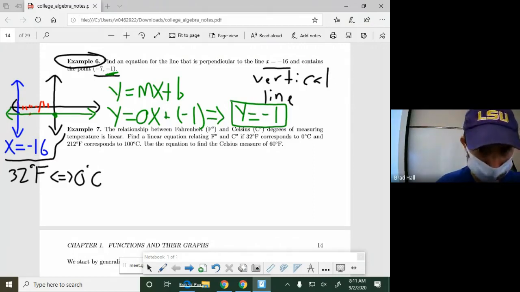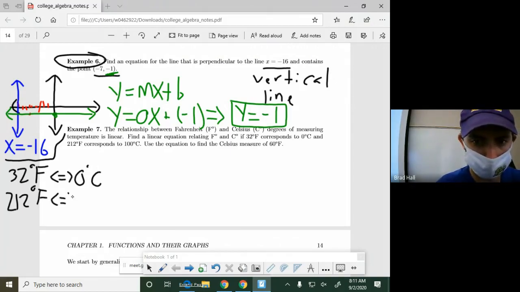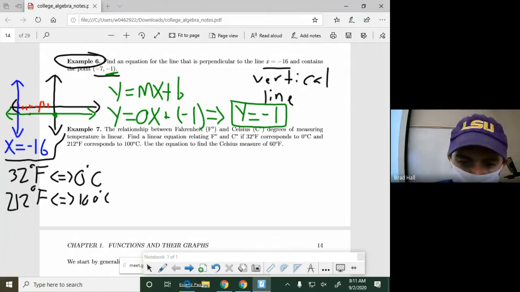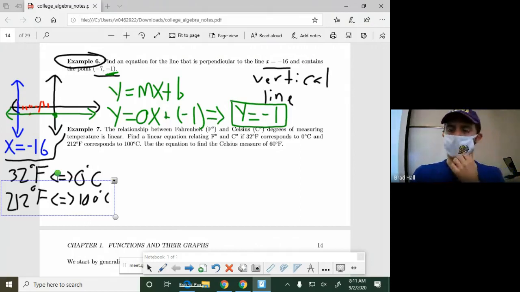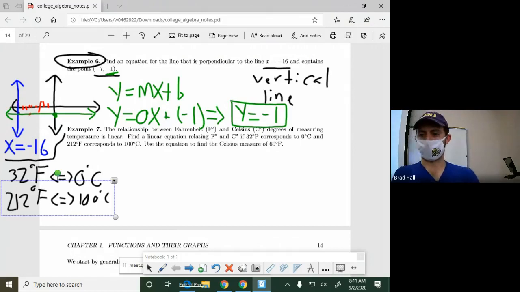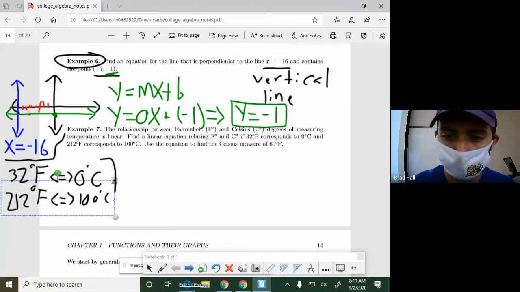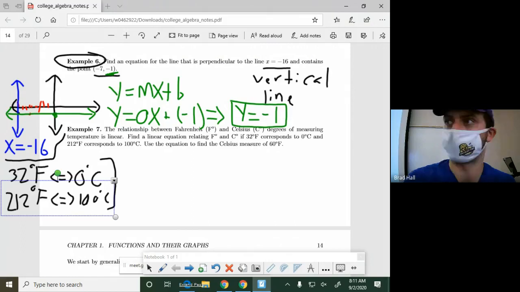And additionally, 212 degrees Fahrenheit corresponds to 100 degrees Celsius. And I claim that we can use that information alone to build a formula that compares Celsius and Fahrenheit. And the reason why I claim this is because what this does is this gives us two ordered pairs.